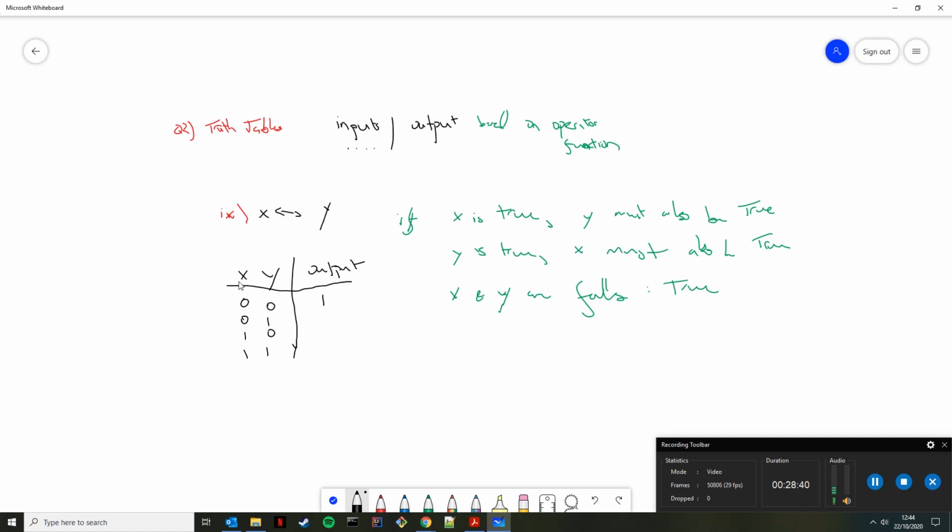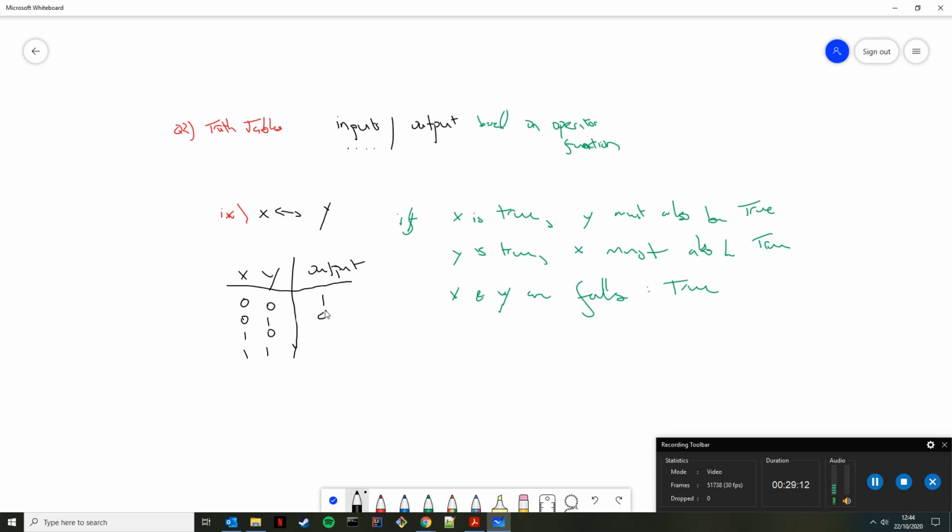Let's try the next one. X implies y. So x is false, y is true. So you're going to get a true, which would have been 1. However, we have implies going the other direction. So true implies false. It says here if y is true, x must also be true. But this is not 1.